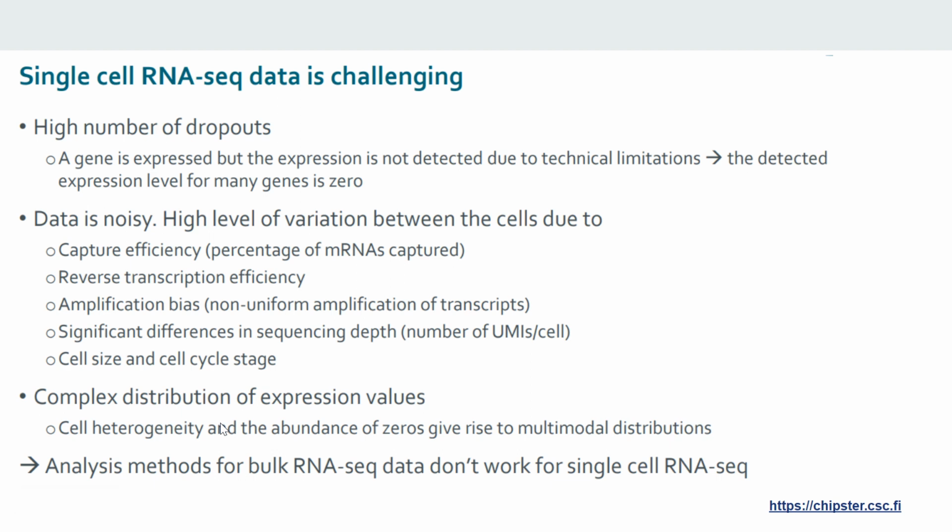Some genes will have expression values in a very low range, let's say 10, 20, 30 read counts, and for some genes it will be in the 1,000 to 10,000 range. So you will see very high variation in the distribution pattern. That's why the methods developed for bulk RNA sequencing cannot be applied or don't work for single cell RNA sequencing. That's where the analysis is actually challenging.